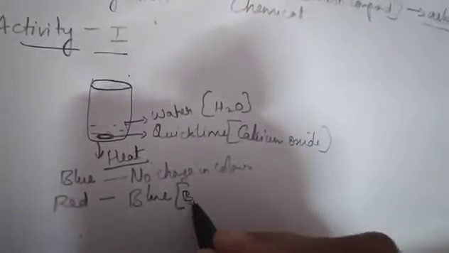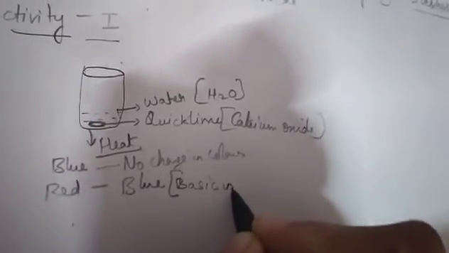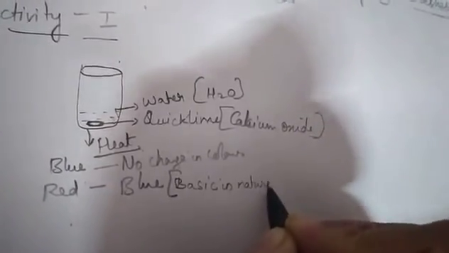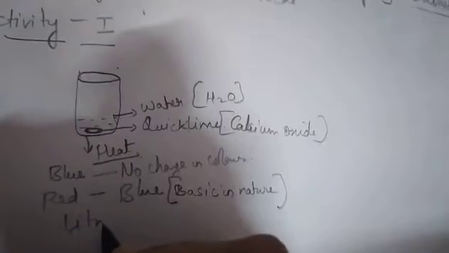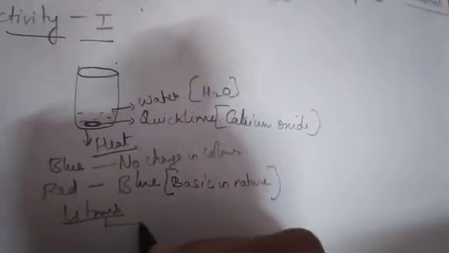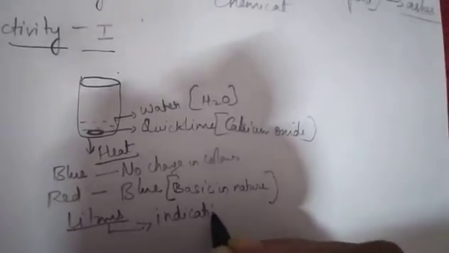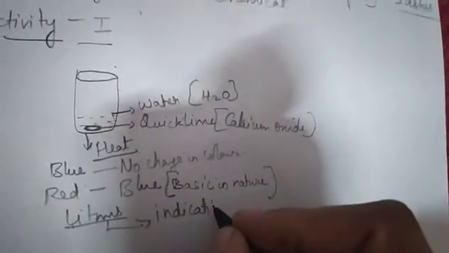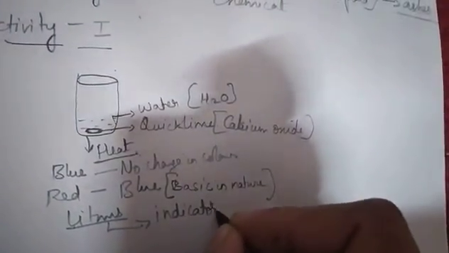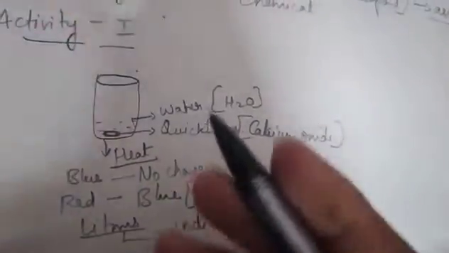That indicates that the solution is basic in nature. And what is this litmus paper? As you know, litmus paper is an indicator which tests the acidic and basic nature of a solution. So this is the first activity.